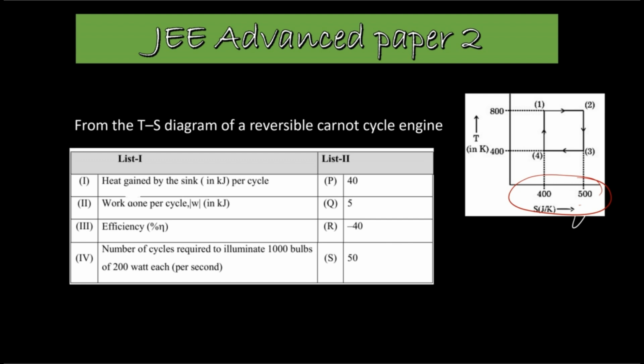Right? So let's match with the values. Heat gained by the sink, that is P. Then work done per cycle, which is equal to modulus of W, which is 40.